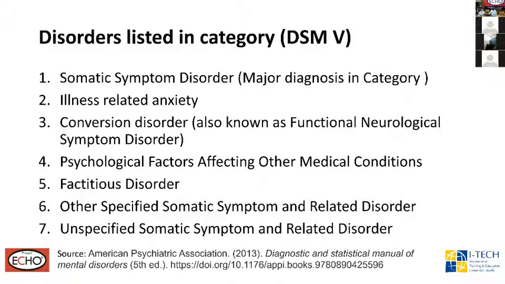Now, the key feature in conversion disorder and other specified somatic symptom and related disorders is they can be medically explained. For example, pseudocyesis falls within item 6, which is other specified somatic symptom and related disorders, because there is a trademark symptom, which is that of pregnancy, that can be validated or not with medical examination.